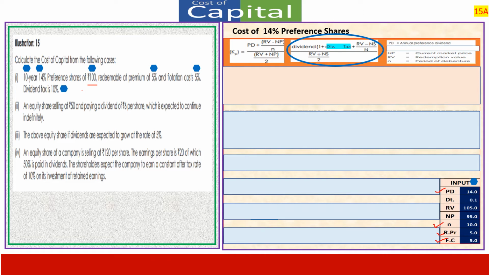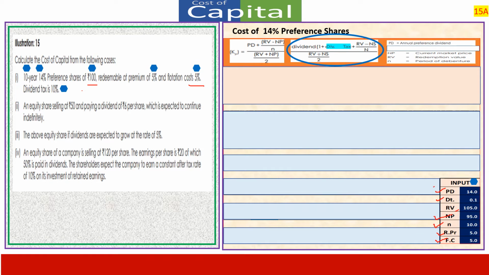Dividend tax is 10%. 10% is 0.1. We take these things, but in our formula, we need RV, redemption value. If face value is 100, redemption premium is 5, then RV is derived as 105. Then, if the issue price is 100 and the flotation cost is 5, means company has spent 5 to receive 100, means net proceeds received is 100 minus 5, 95.